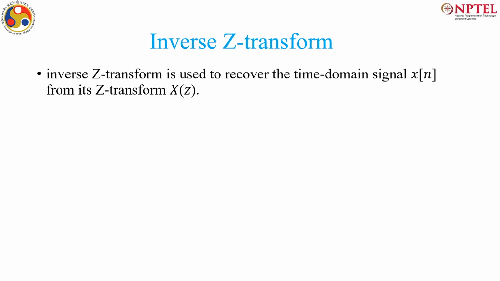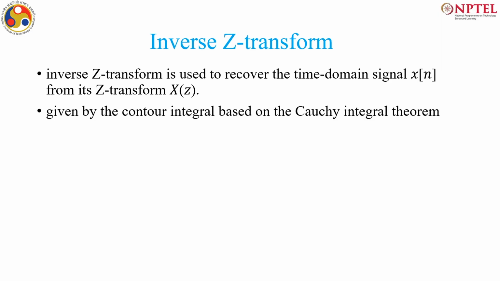So, now we have understood the forward z transform. Let us think about the inverse transform. Like I have the x of z, I want to get back my time domain signal. So, this is given by the contour integral based on the Cauchy integral theorem, which is 1 by 2 pi j, this closed contour integration, and since x of z is a continuous thing, we are doing integration, but in the forward, x of n was a discrete thing.